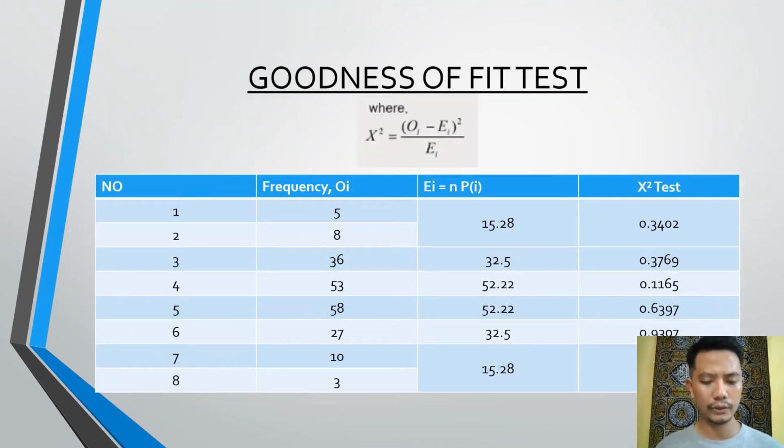On the slide that you can see, we have determined the chi-square test using the chi-square distribution, to be specific, the goodness of fit test. We have used the frequency and the n, which is the total or cumulative frequency, and the formula stated here to calculate the chi-square test.